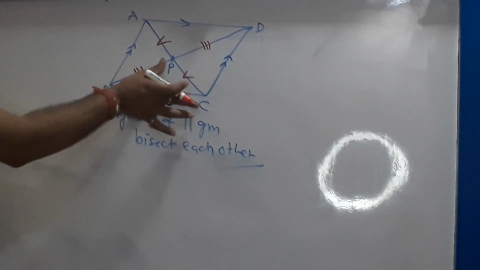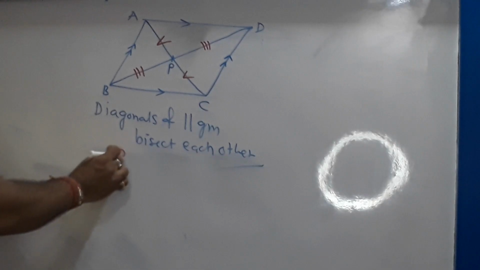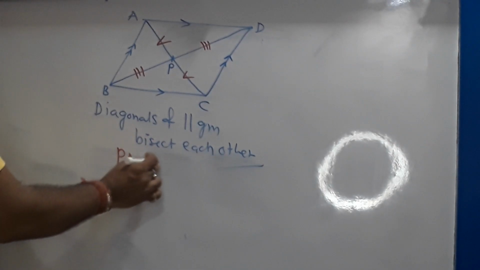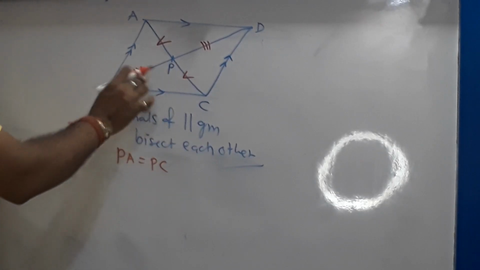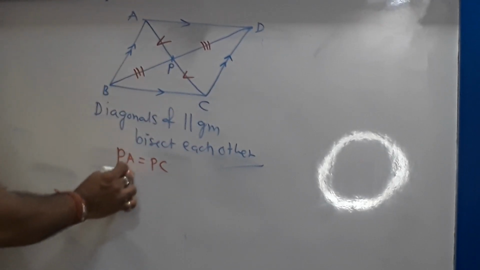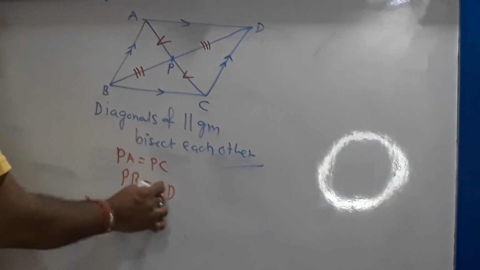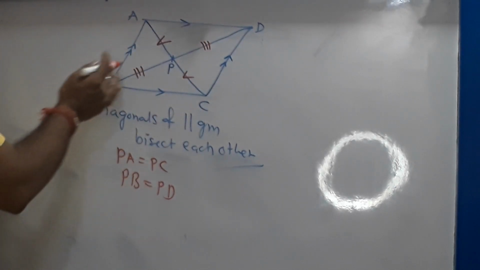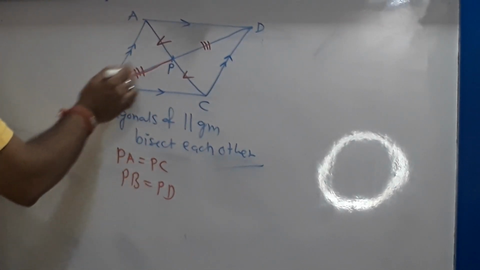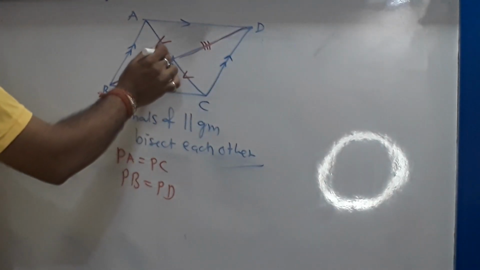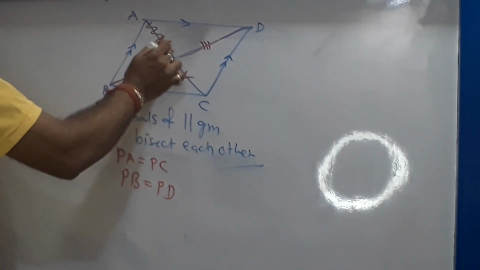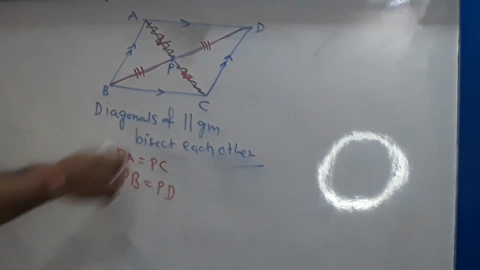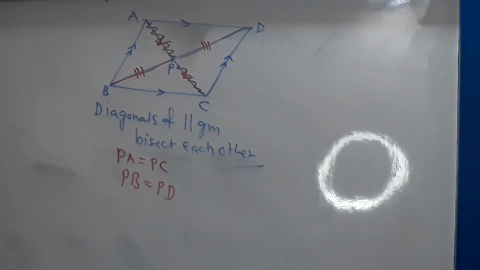So PA is equal to PC, correct, and PB is equal to PD, because diagonals of a parallelogram bisect each other.